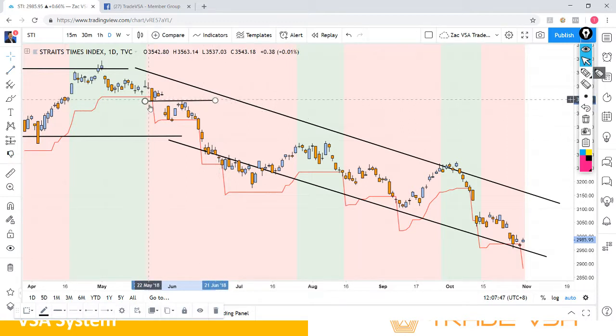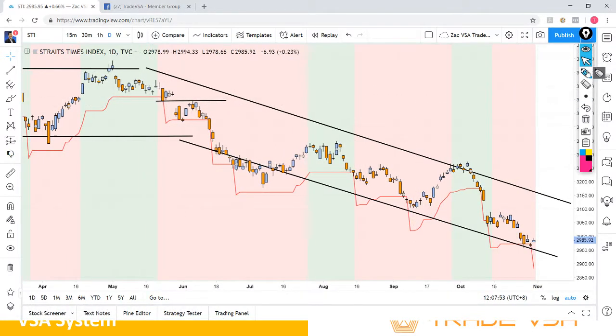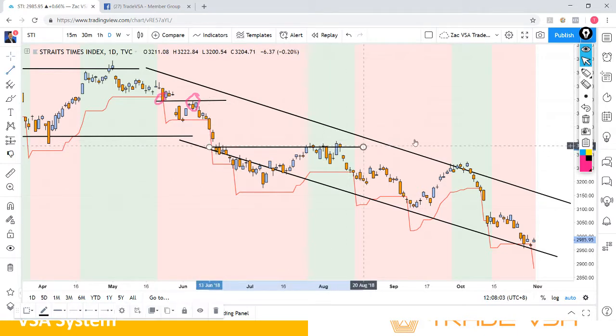Let me draw so you can see it. If from a support from here, it becomes immediate resistance, right? So again, another gap, from this support become resistance.